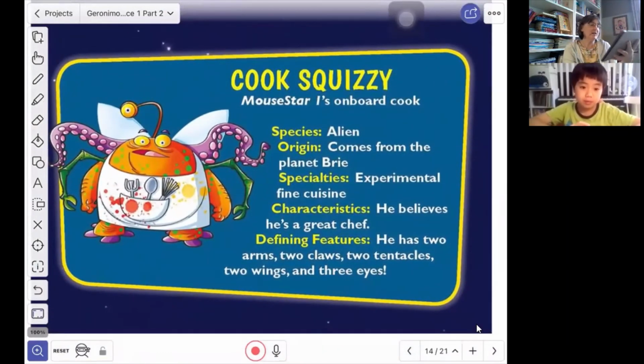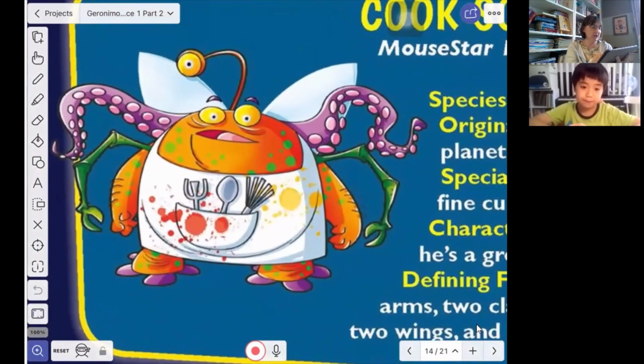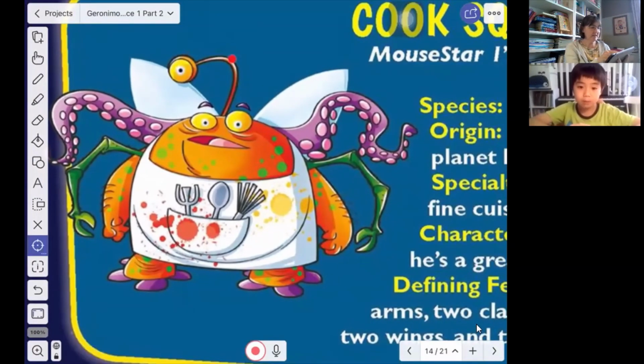Well, oh my goodness, look at this cook. Here's the antenna, here's the tentacles, here's the claws, and here's the splotches, stains of fluorescent something on his apron. And oh, this is not his antenna, this is his 3 eyes. Where is his antenna?